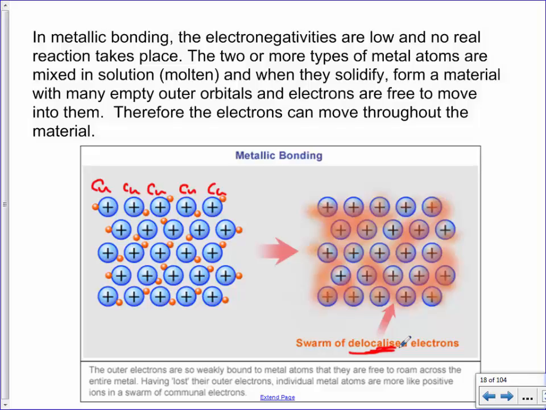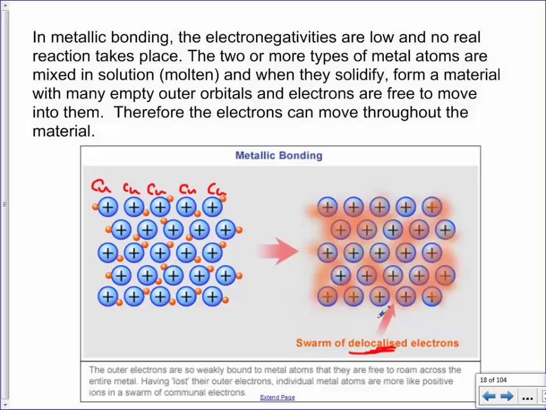All of these electrons normally have a home. Copper either has 1 or 2 valence electrons, depending on which charge we're using, which means that it has electrons kicking around. Normally these electrons, I would say there's 1 attached to each one, but they become delocalized, and these electrons can kind of go wherever they want. Hence the delocalized. And it actually forms a bit of a glue between these substances.